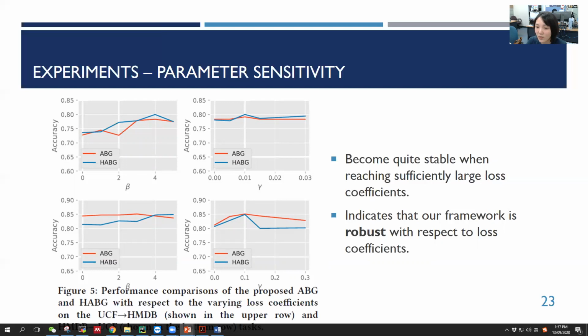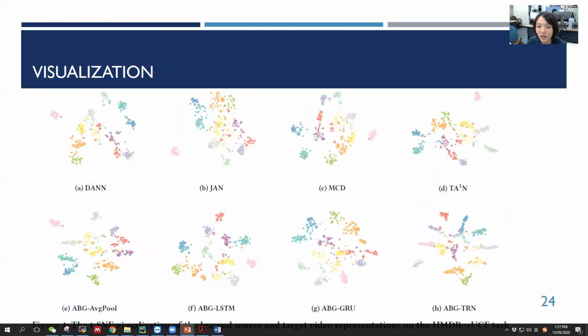This indicates our framework is robust to the loss coefficients. To intuitively understand the quality of the learned embeddings, we visualize the extracted features with t-SNE, where circles represent the source videos and triangles represent the target videos. It is clear that the features from the ABG achieve tighter clusters compared with baselines.